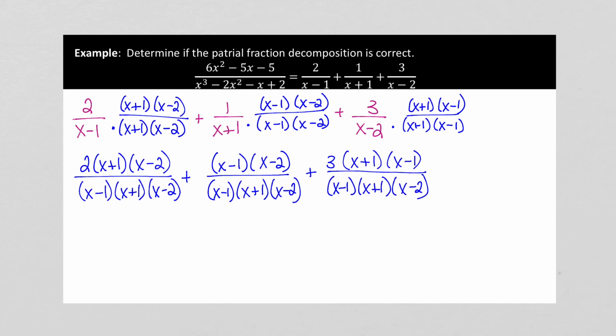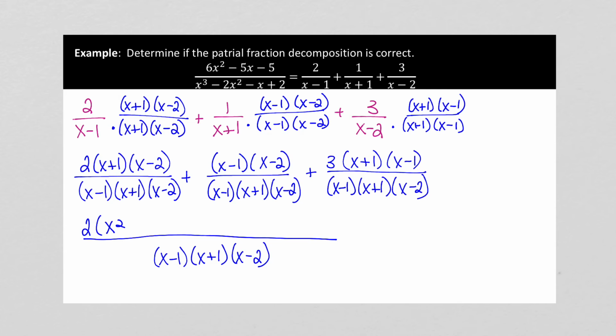Now, let's see. Since we've got the denominator all the same, then we can put just x minus 1 times x plus 1 times x minus 2 on the bottom. And then I'm going to go through and foil things on top. So x plus 1 times x minus 2 is x squared minus x minus 2. x minus 1 times x minus 2 is x squared minus 3x plus 2. And x plus 1 times x minus 1 is x squared minus 1.